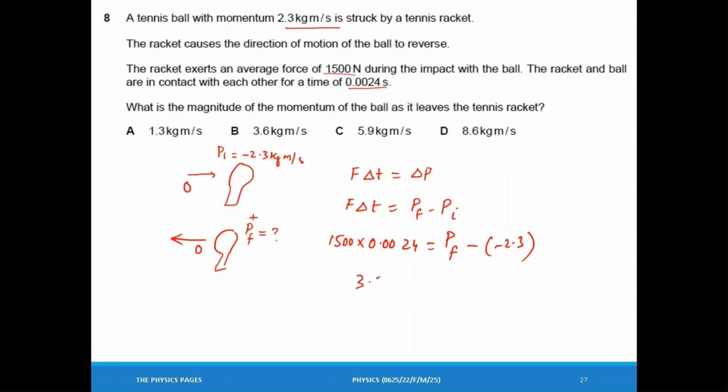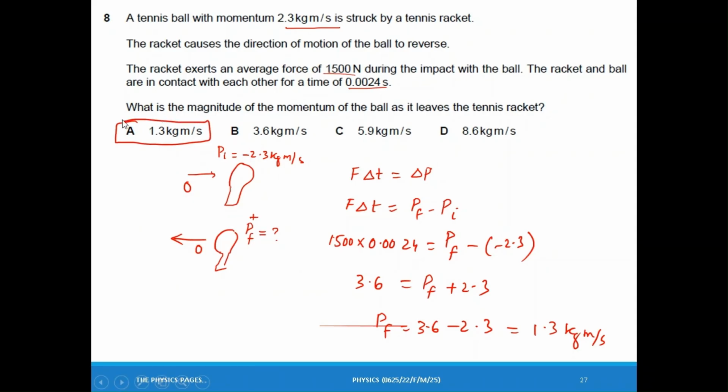So 3.6 is equal to Pf plus 2.3. So the final momentum is 3.6 minus 2.3, that is 1.3 kilogram meter per second, and it is in the direction which I showed as positive. So 1.3 kilogram meter per second, A is our right choice.